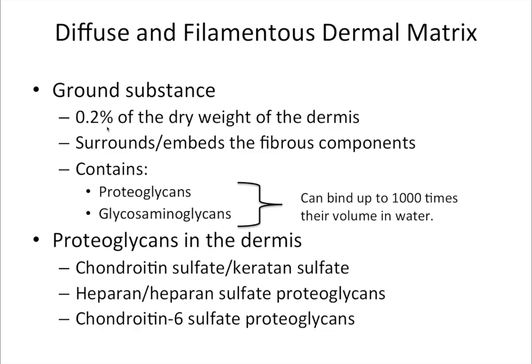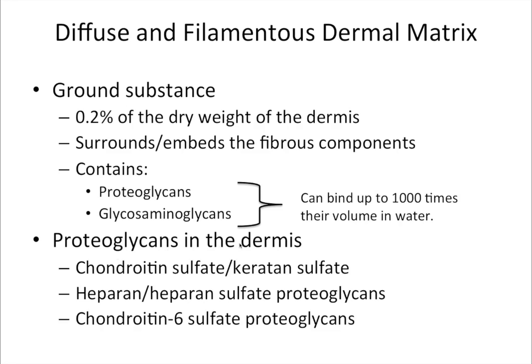Doesn't sound like very much, but it's really omnipresent in the dermis. It's all over the place, and it essentially surrounds and embeds all the fibrous components. And it contains proteoglycans and glycosaminoglycans, and essentially these are responsible for binding water, and they help maintain moisture in the skin.